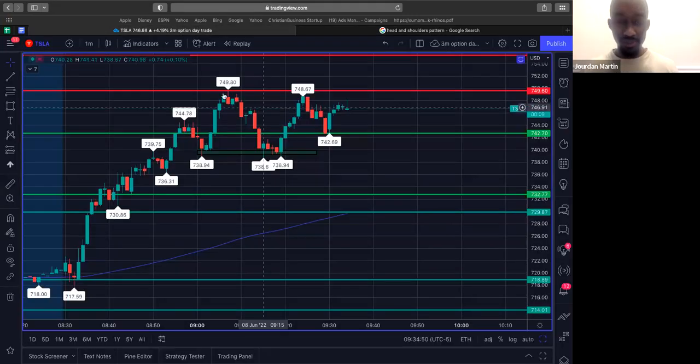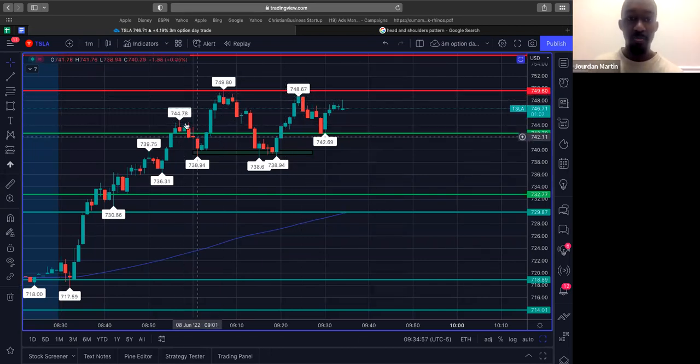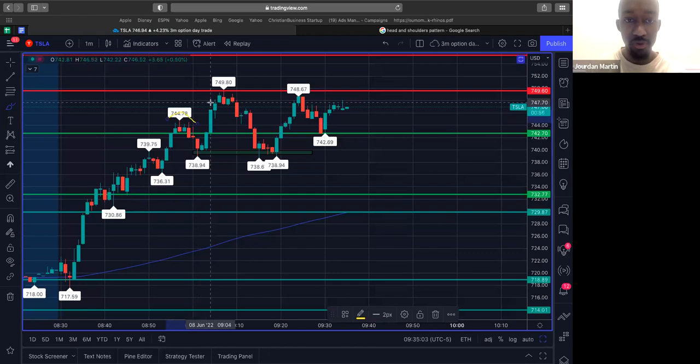So with Tesla, we see the resistance here, we see resistance here. No, we have a resistance here. So if Tesla would have had a head and shoulders, if this was the shoulder, this was the head, and then if it came back, if it dropped right here, right?